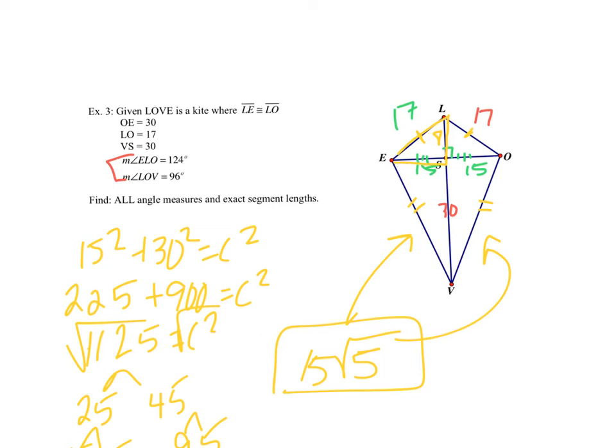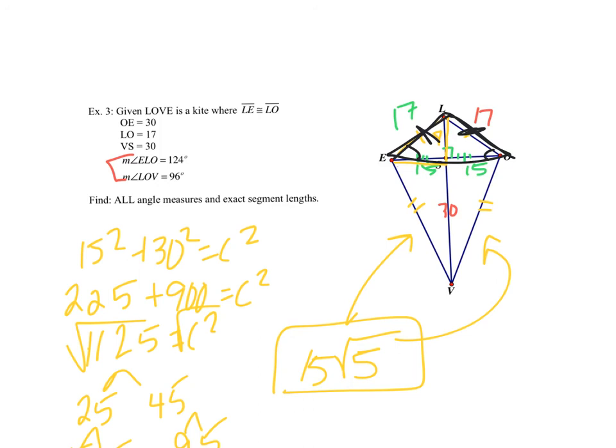And then just a couple tricks with kites. This top triangle here, since these two sides were equal, is an isosceles triangle, so you also know that these two angles in the corners are going to be equal. And the same thing in the bottom one, that's also an isosceles triangle. So just some things to be aware of as you're looking through these types of problems.